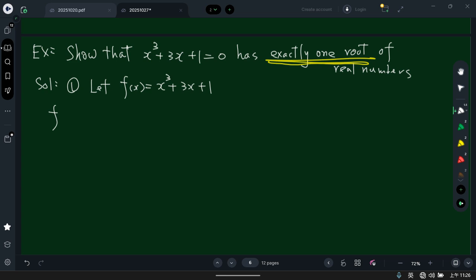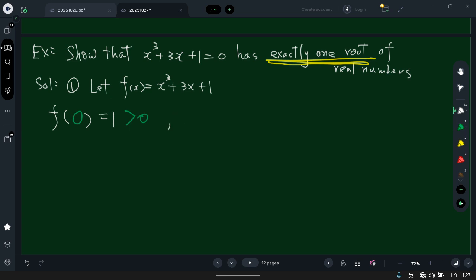Then we try to find another point that can make the function value negative. It's not always like that, but you can pick 0. For me, I like to pick 0. Why? Because I can simply ignore the calculation for any term with x, right? So in this case, that should be 1, right? So this is positive.